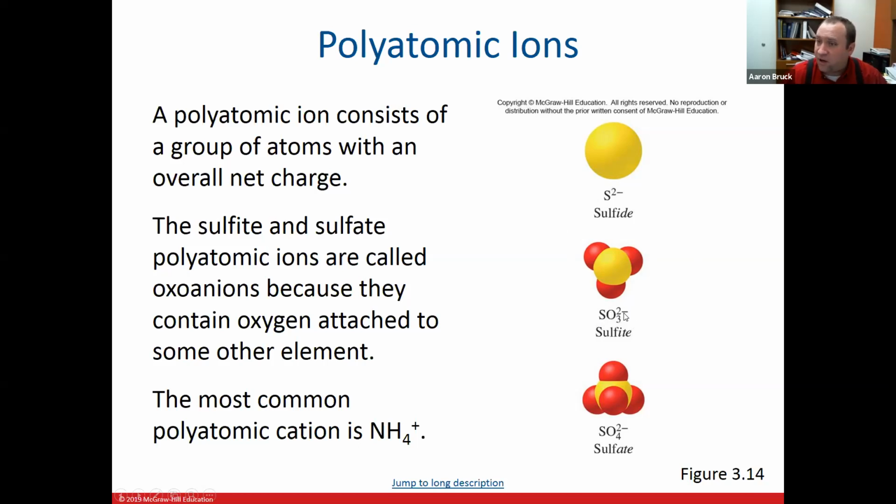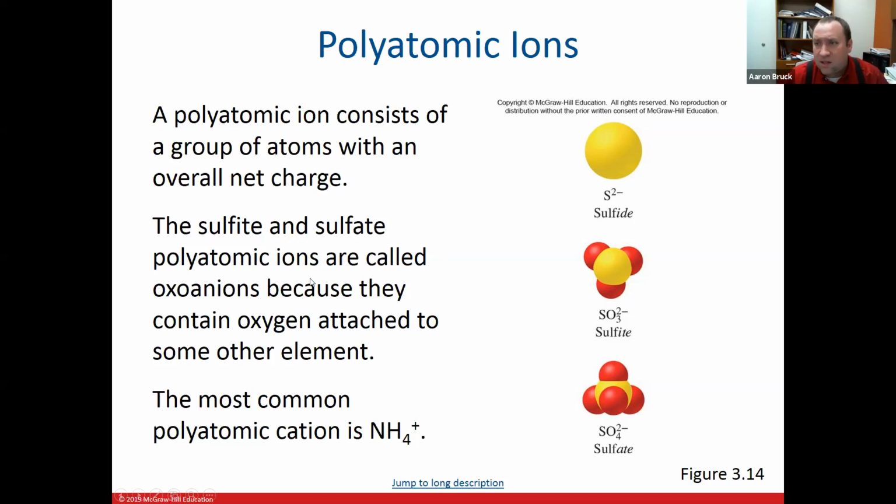This is different than sulfide. Sulfide, IDE, is just the monatomic ion of the sulfur atom. So sulfur is in the oxygen group, -2 charge. Sulfide is a -2 ion.